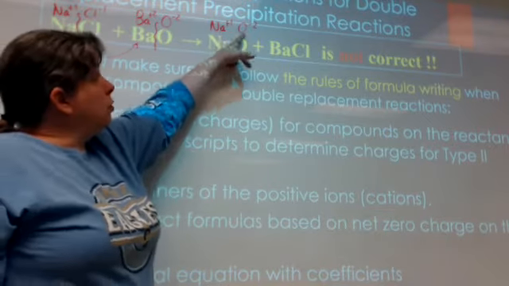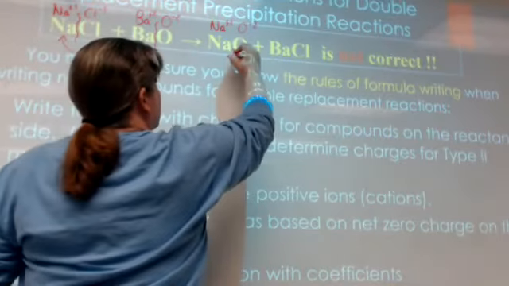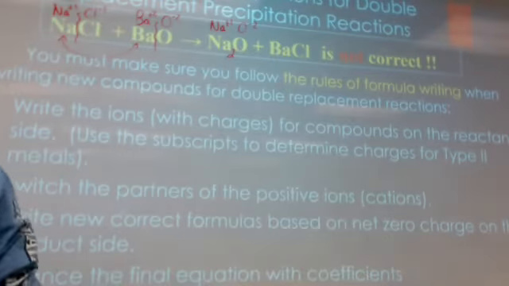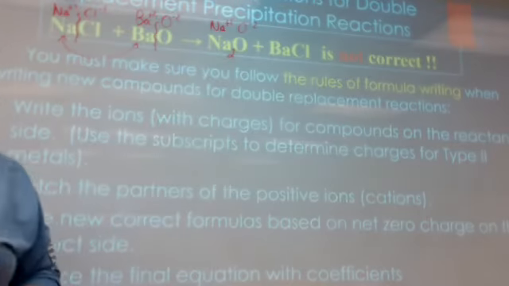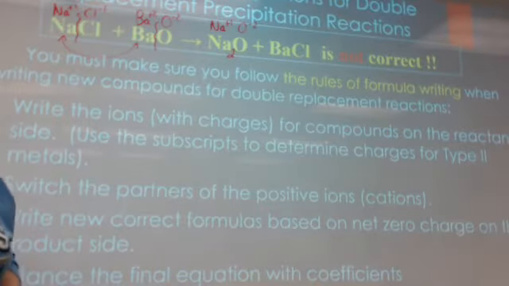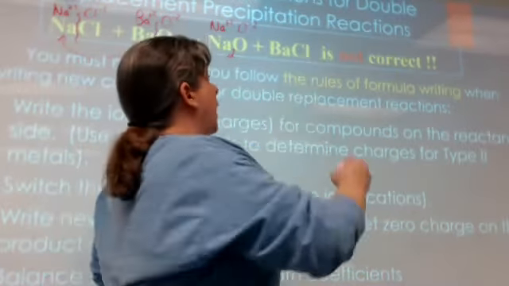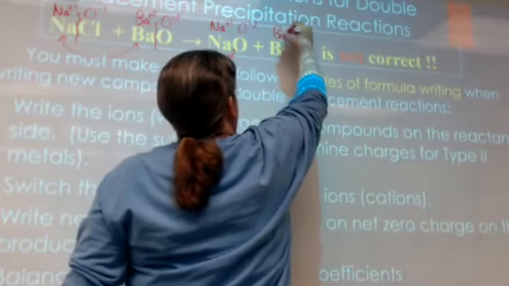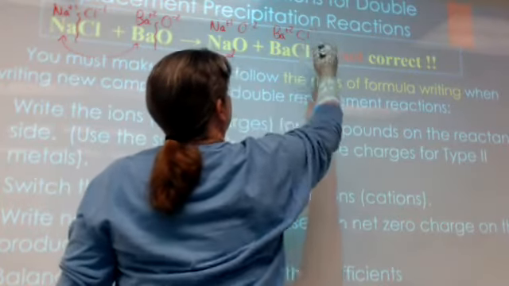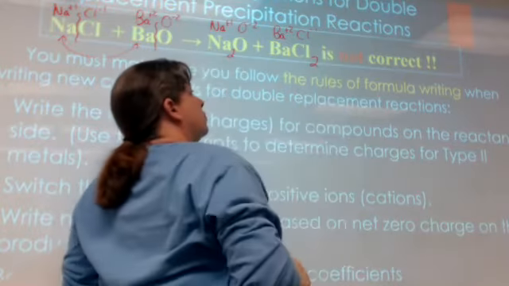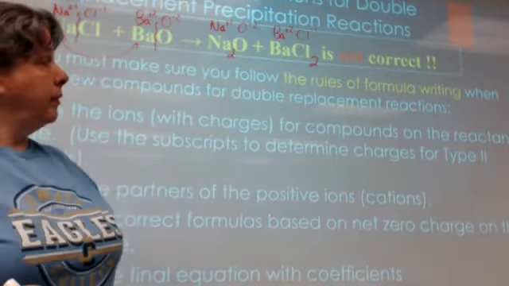In order to get these two to cancel out, we need 2 sodiums to cancel out the oxygen. So this is the new formula for our product. When barium combines with the chlorine ion, barium was +2 and Cl was -1, so it takes 2 chlorines to cancel out the barium ion.